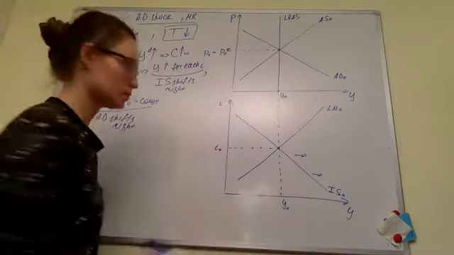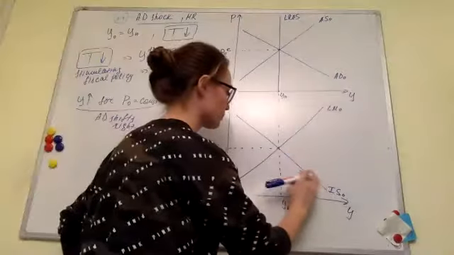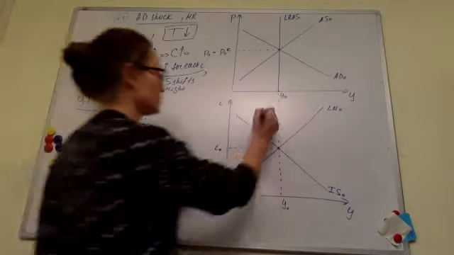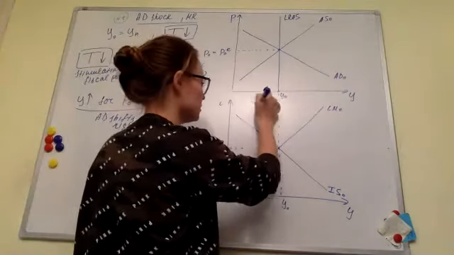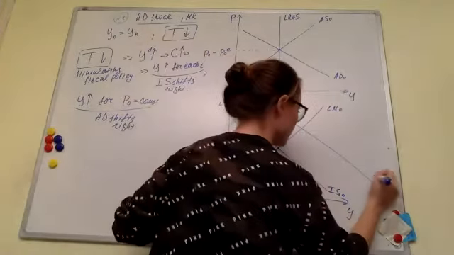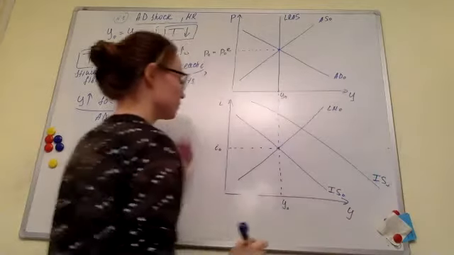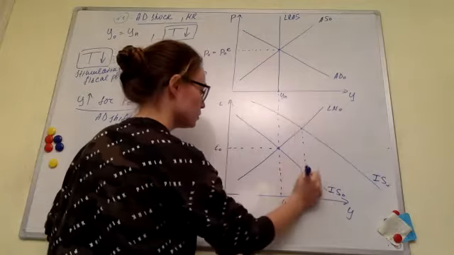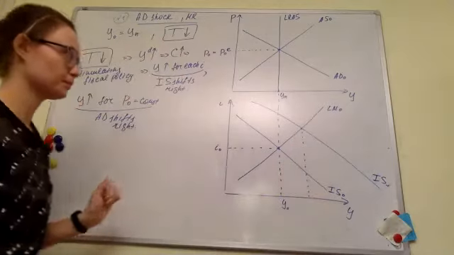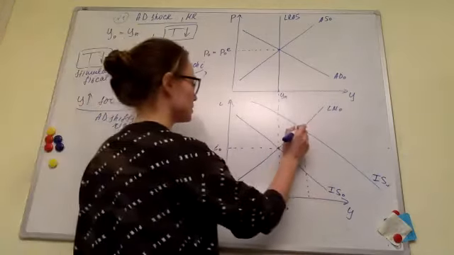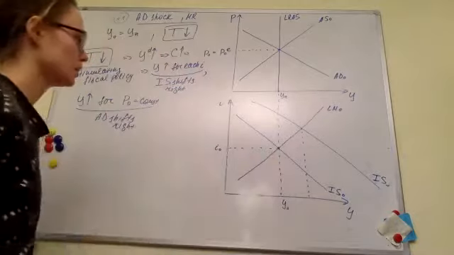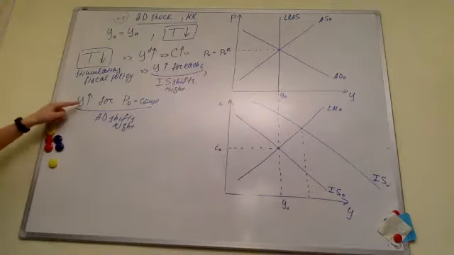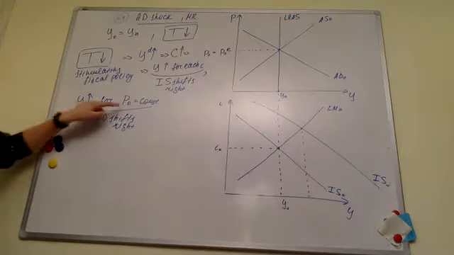Let's draw these parts. First of all, we have a shift of IS. Let's do it like this, for example, IS1. And here we will have a new level of output. Also, we see the increase in interest rate, but let's consider the increase in output. And that's true that output increases for constant price level.